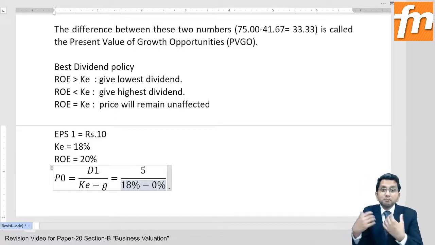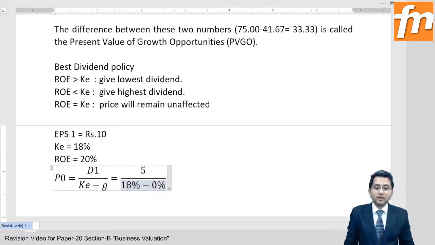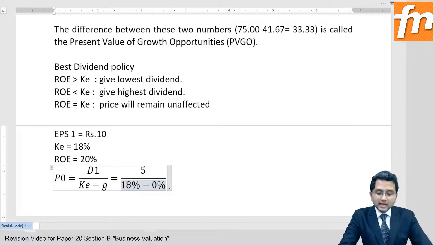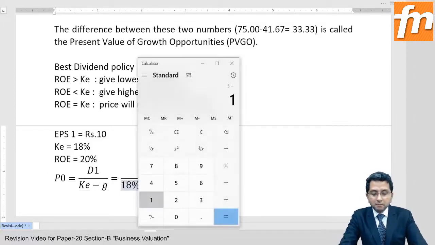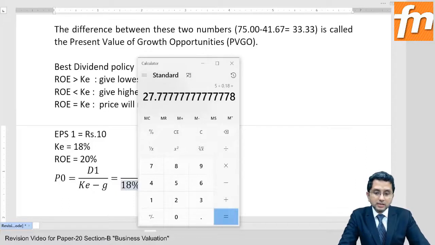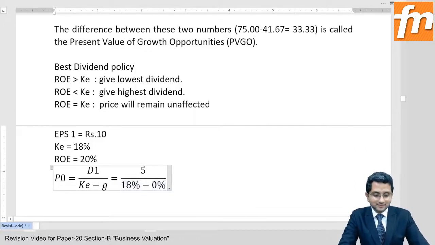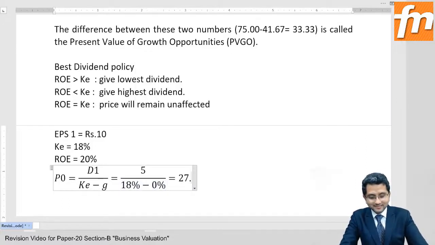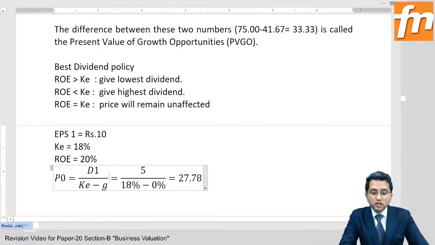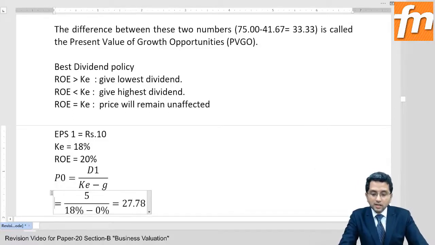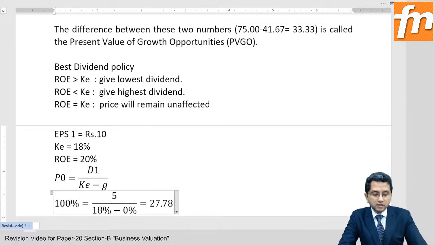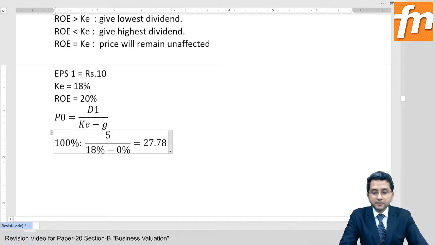I'm giving 100% payout, so growth will be 0, and this will become 5 divided by 18%, 27.78. Right? So this is the situation when 100% payout ratio is there.